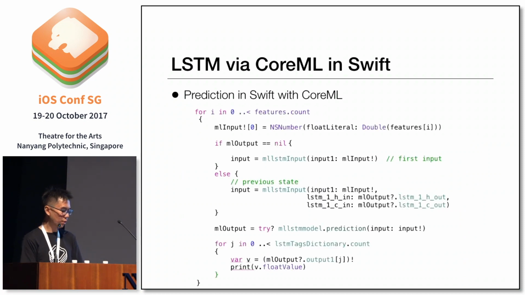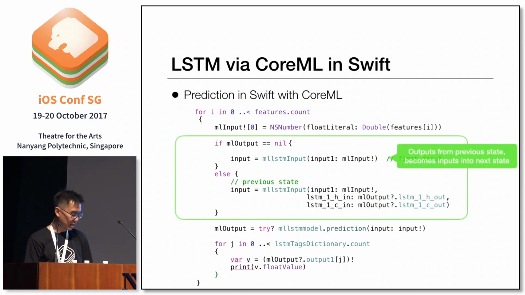Assuming that we have imported the model into our Xcode project, workspace, and all the Swift files are auto-generated, this is how you're going to call the model. This looks a little bit different because we are not going to be sending the whole sentence into our model at once. We're going to do it word by word. That's why we have that big loop outside. This portion here is the input for the individual word.